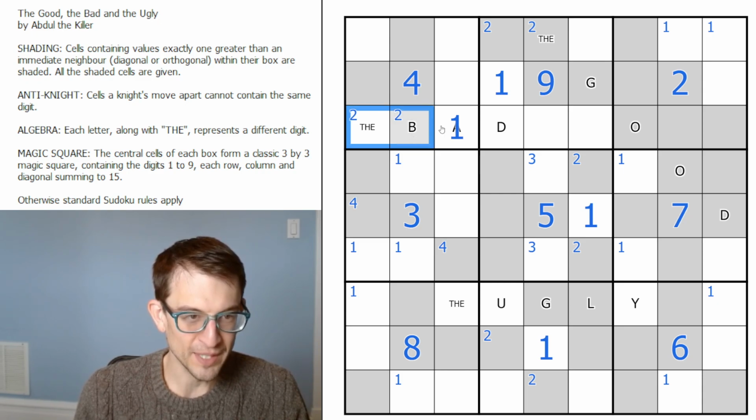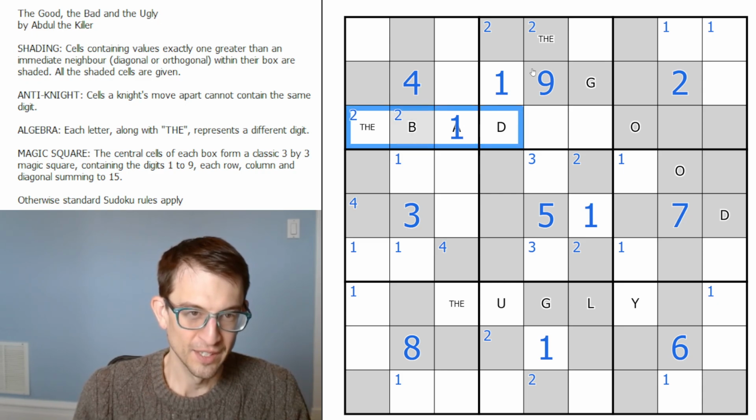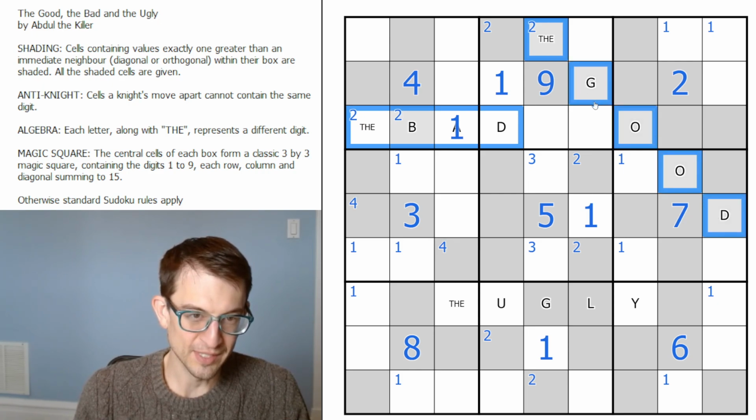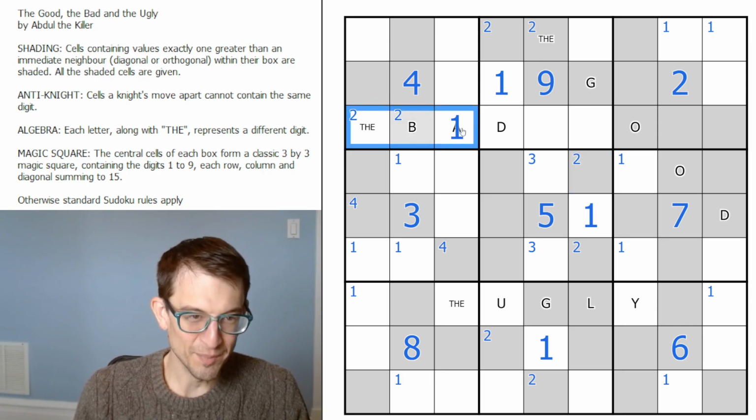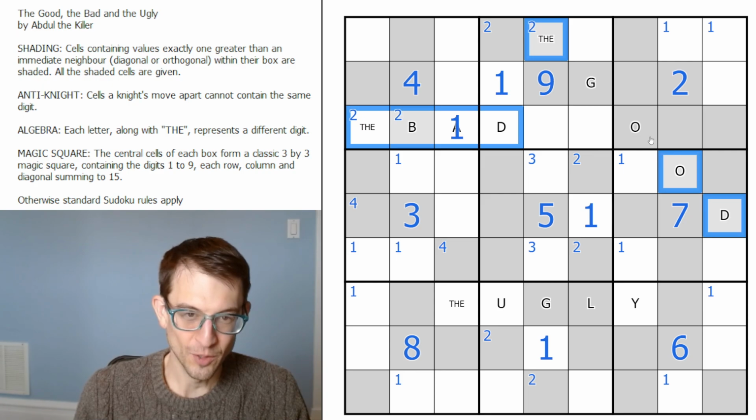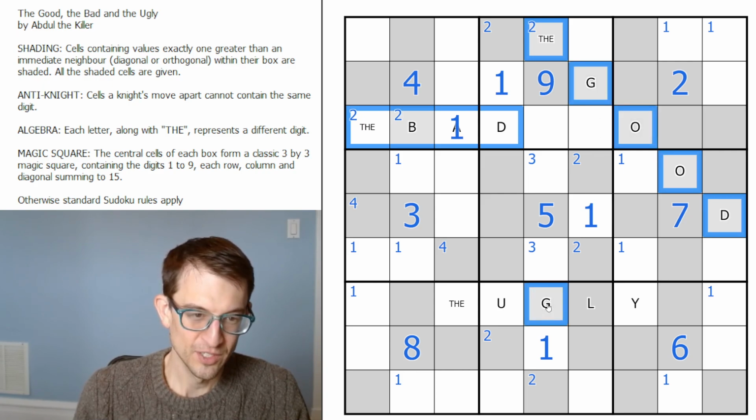So the, B-A-D, that's 4. The is a repeat. G-O-D is 3 more, so that's 7. The is a repeat. G is a repeat. Wait, did I do something wrong? Oh, D is a repeat. Sorry. Let's start that over. The, B-A-D, is 4. The, D is a repeat. O is 5. G is 6. G is a repeat. The is a repeat. Yeah, 7, 8, 9.